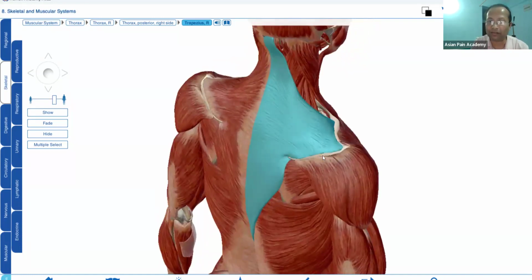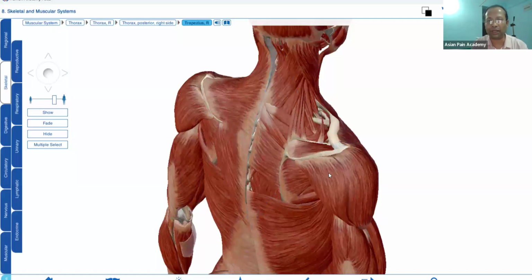This is the spine of scapula. So on a volunteer, when you are starting your ultrasound, you must remember this thing, that between clavicle and spinous process of scapula, all the muscle, the first layer, most superficial, has to be trapezius.